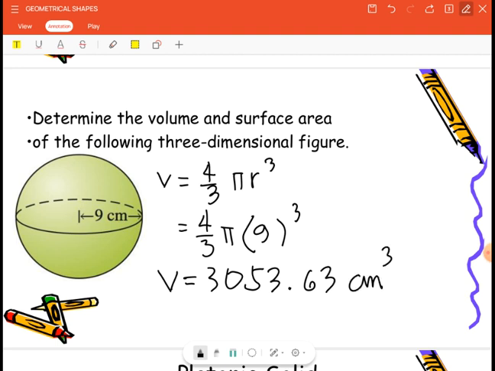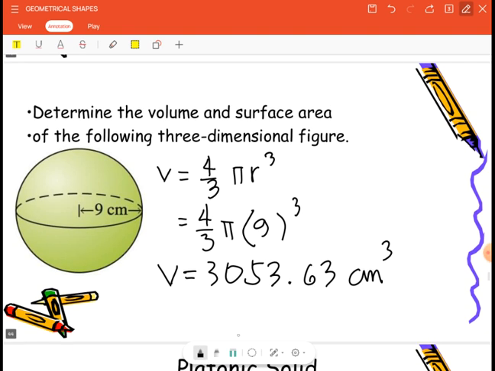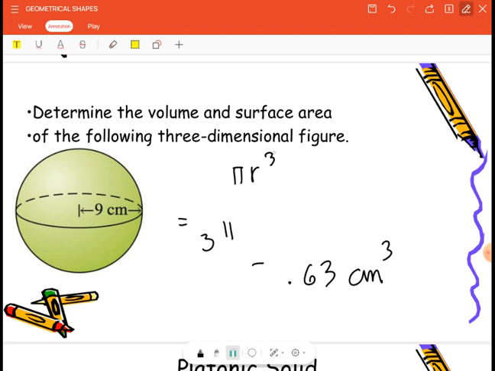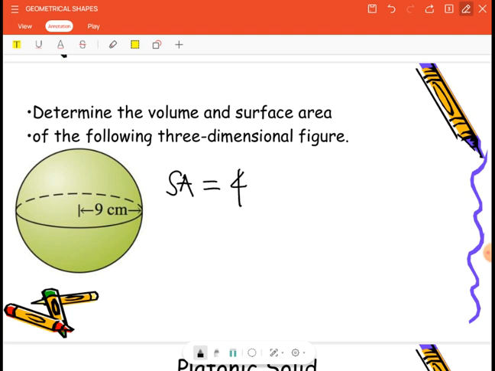Okay? For the surface area, yung ating formula ng surface area ng sphere ay equal siya sa 4 pi r squared, no? Surface area ng sphere is equals to 4 pi r squared.